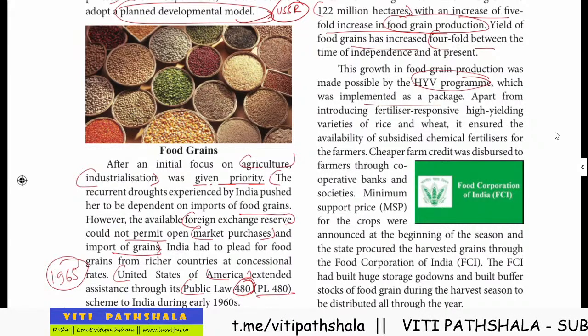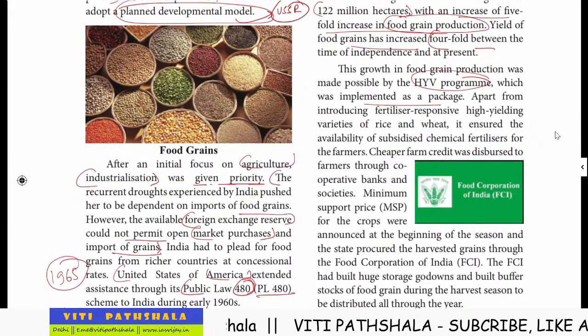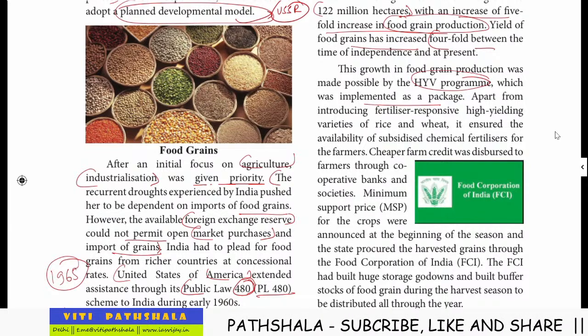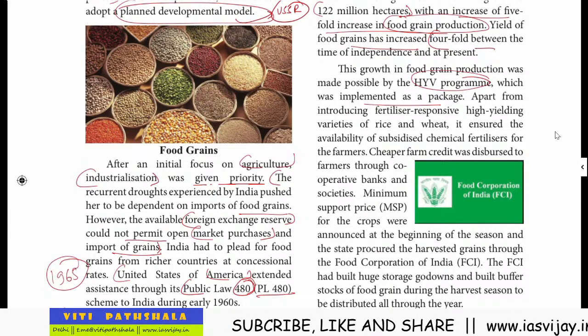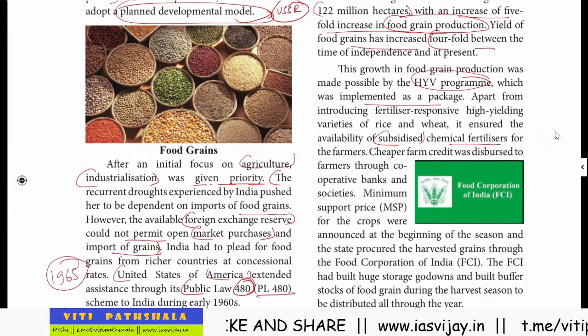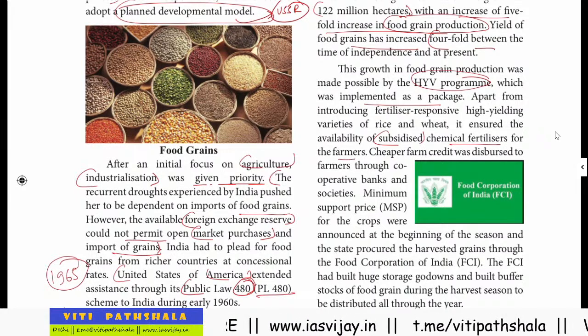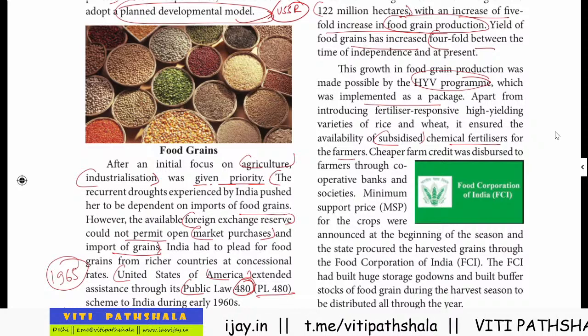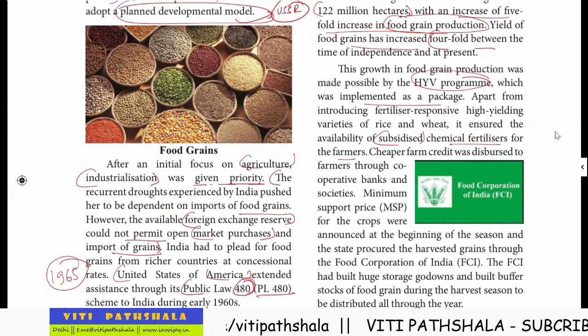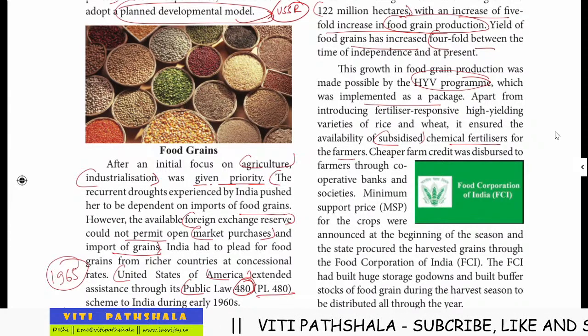Apart from introducing the fertilizer responsive high yielding varieties of the rice and the wheat, it ensured the availability of the subsidized chemical fertilizers for the farmers. Now cheaper farm credit was disbursed to the farmers through the cooperative banks and the societies.